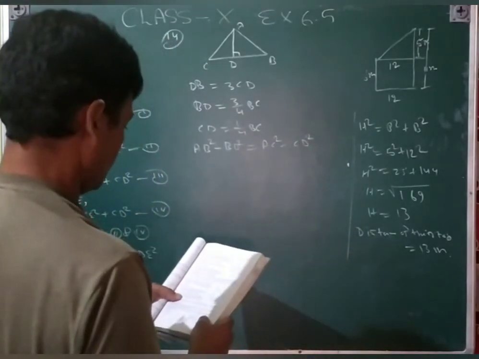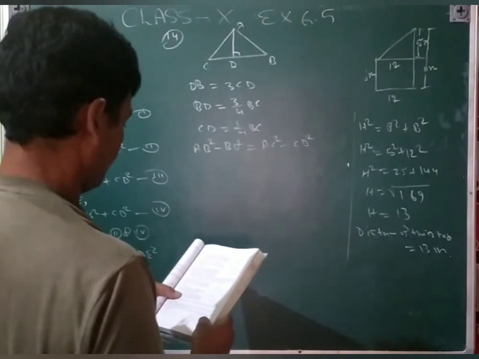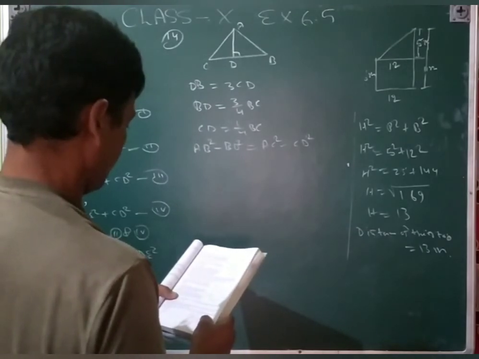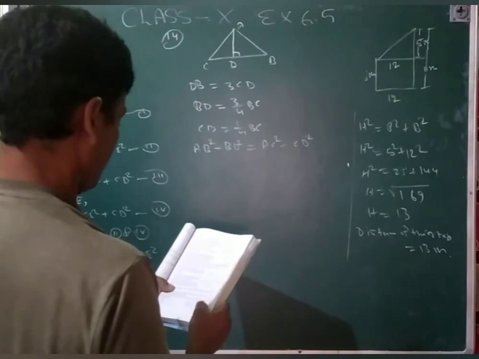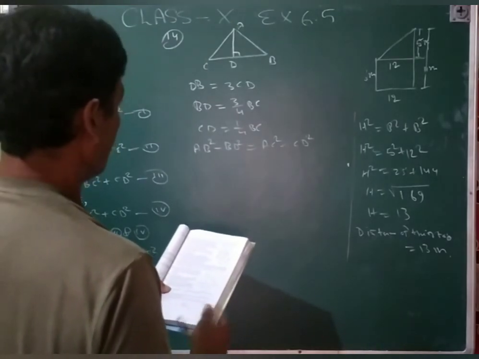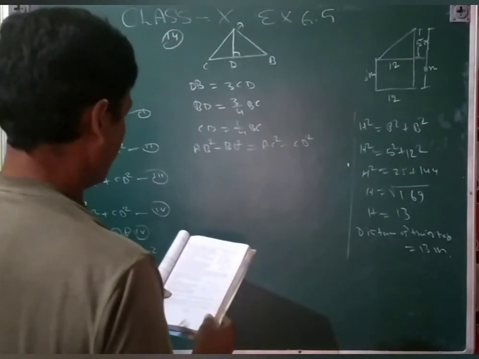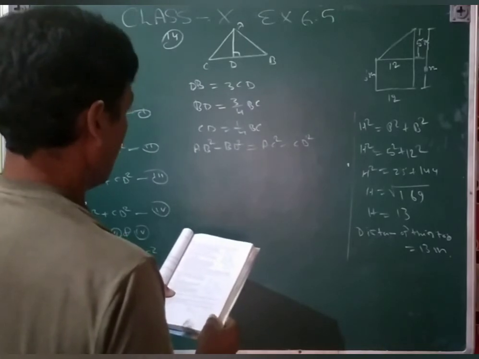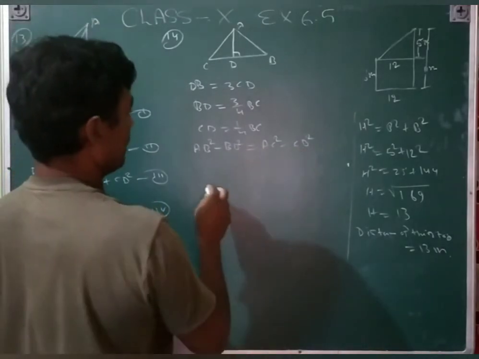We need here only these things: AB, AC and BC. So in that place we will write BC.